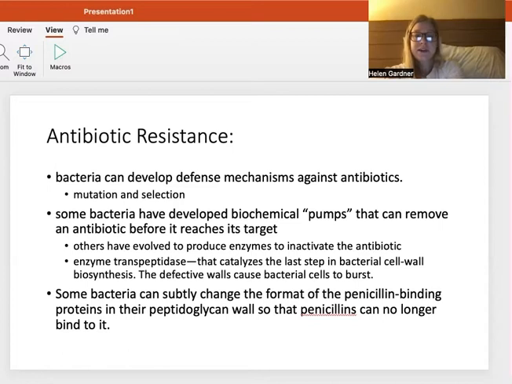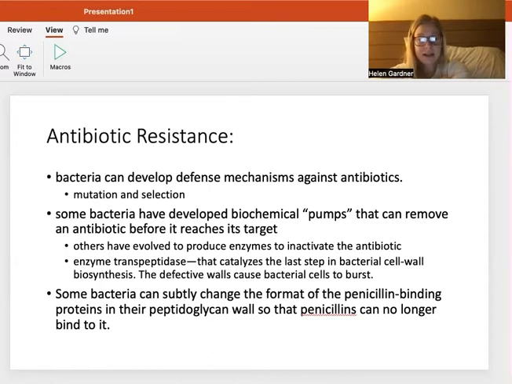This is how antibiotic resistant strains of bacteria are formed. For example, some bacteria have developed biochemical pumps that can remove an antibiotic before it reaches its target, while others have evolved to produce enzymes to inactivate the antibiotic.